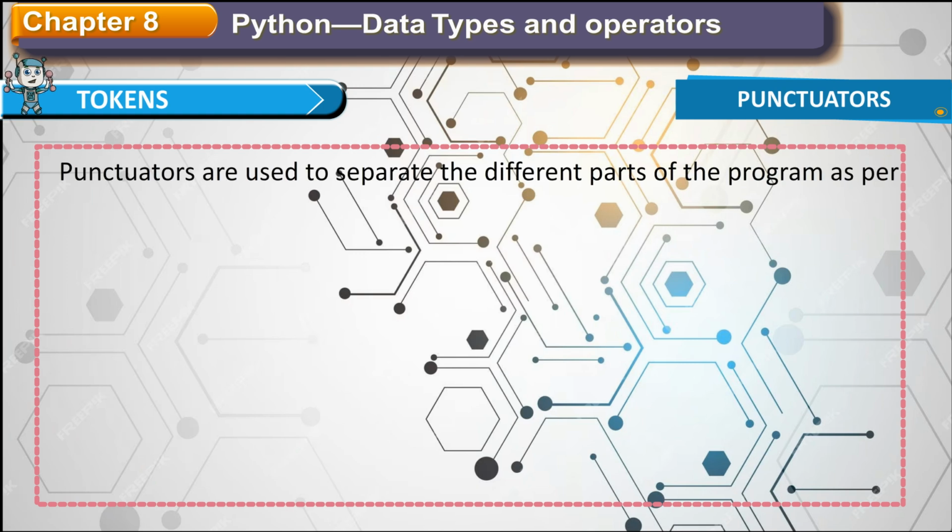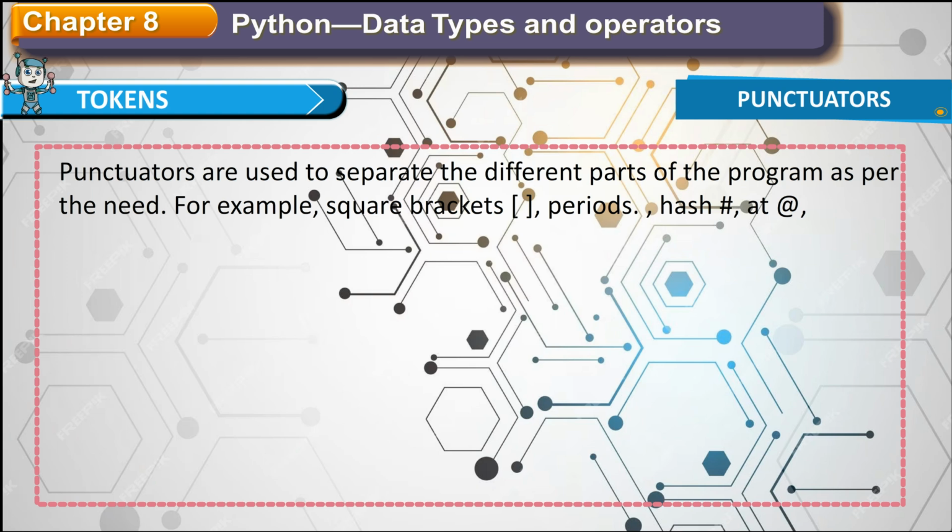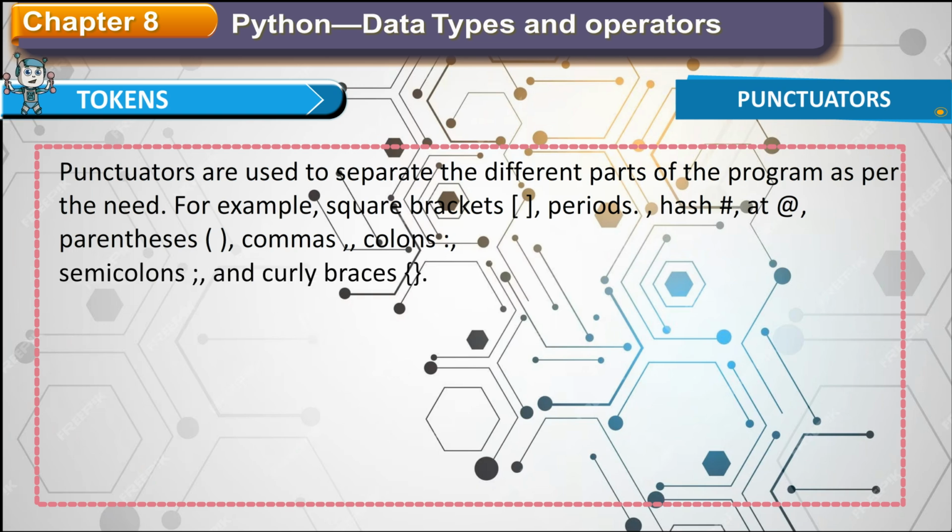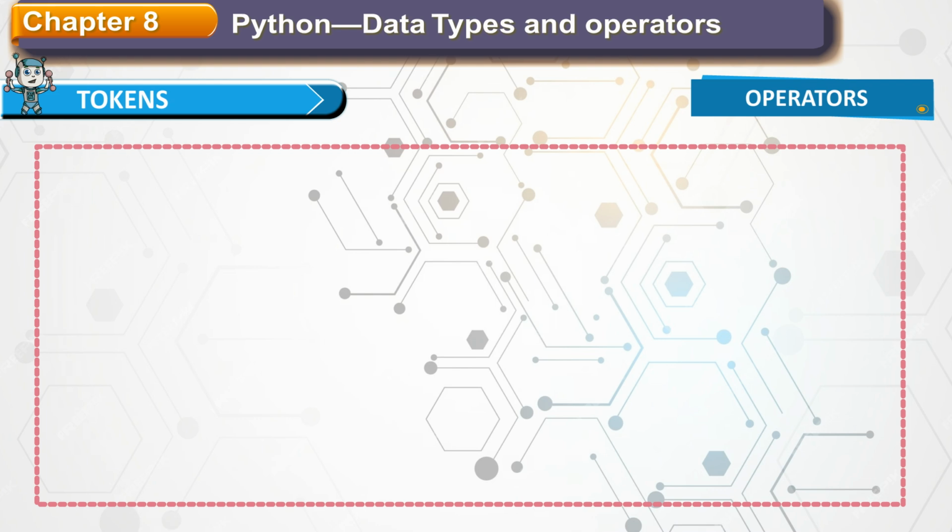Punctuators are used to separate the different parts of the program as per the need. For example, square brackets, periods, hash, at, parentheses, commas, colons, semicolons, and curly braces.